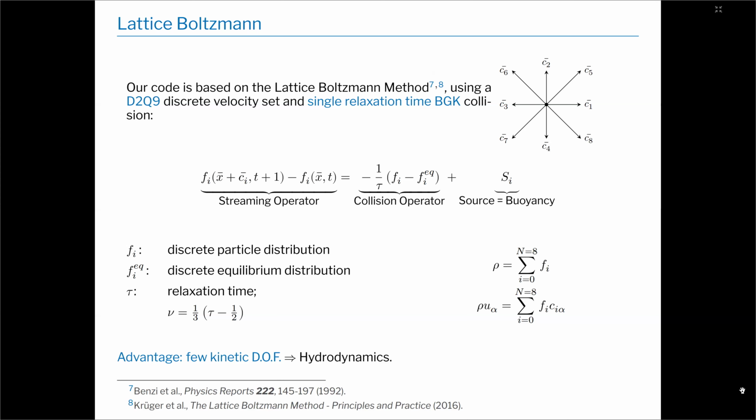From the moments of the distribution in the velocity space, we can recover the macroscopic fields such as density and momentum density. This clearly gives the advantage of having very few kinetic degrees of freedom and to recover the hydrodynamics. We chose to use a D2Q9 lattice with a single relaxation time BGK collision operator.